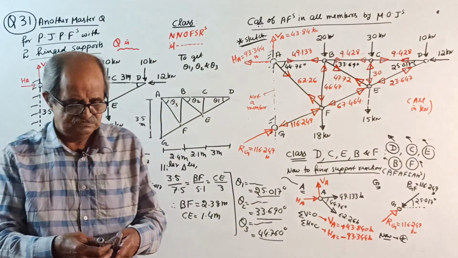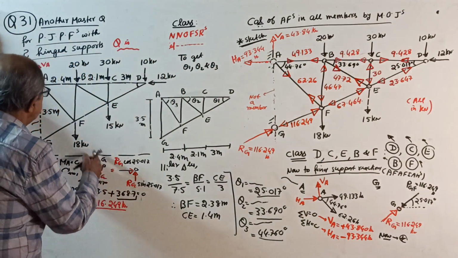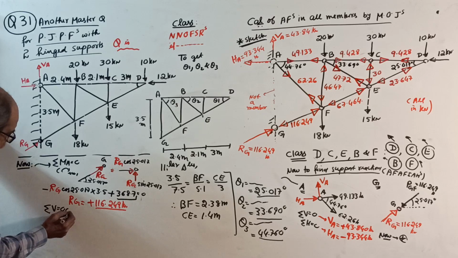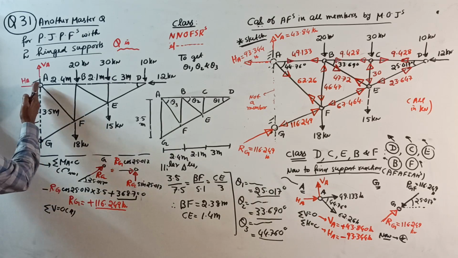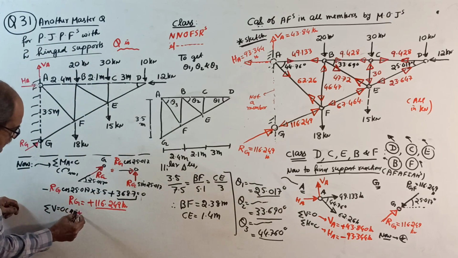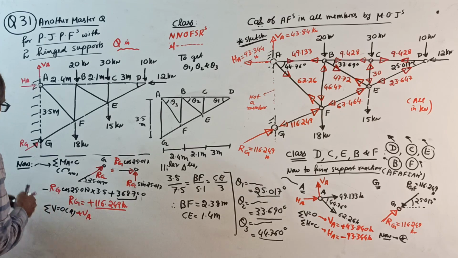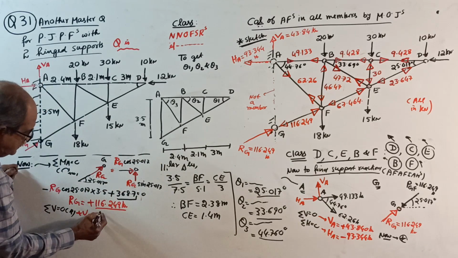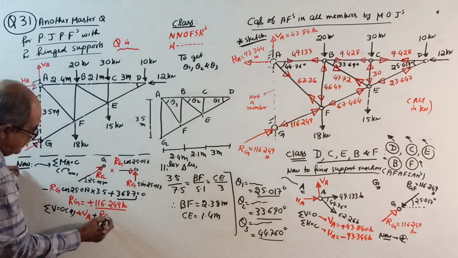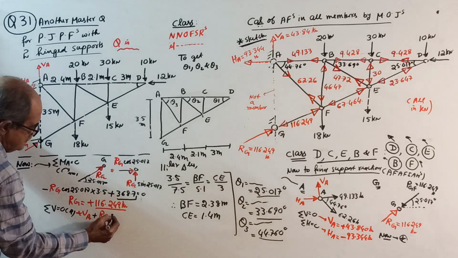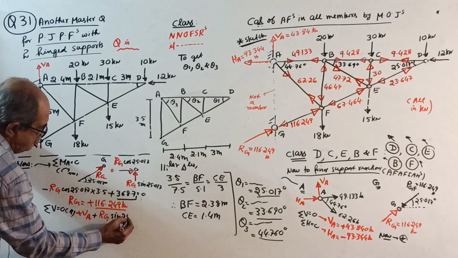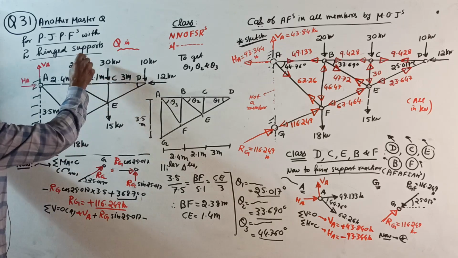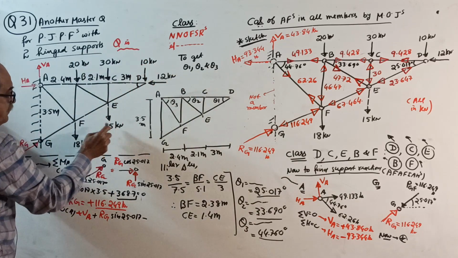Okay, then. Now, see, this sketch only. Make sigma V equal to 0. Take upward positive. What you get? See here. Plus VA plus Rg sin 25.017 minus 20, 30, 10, 15, 18.